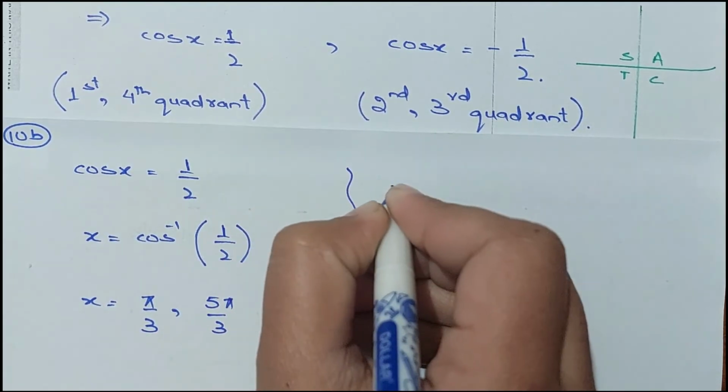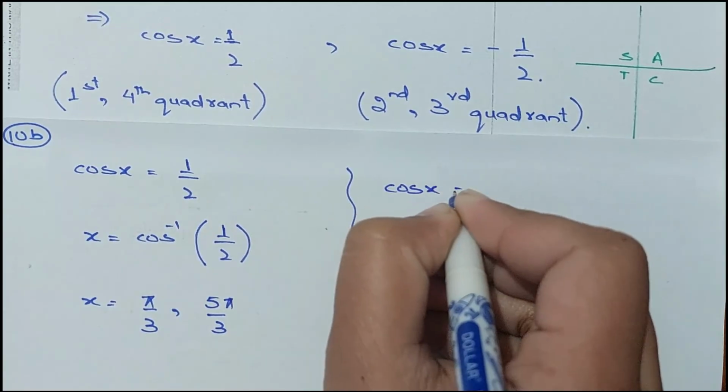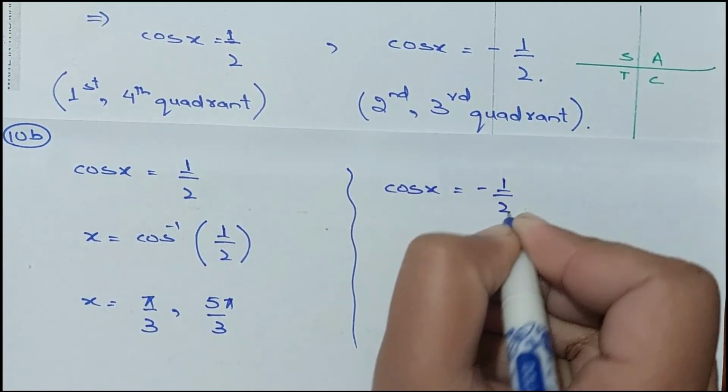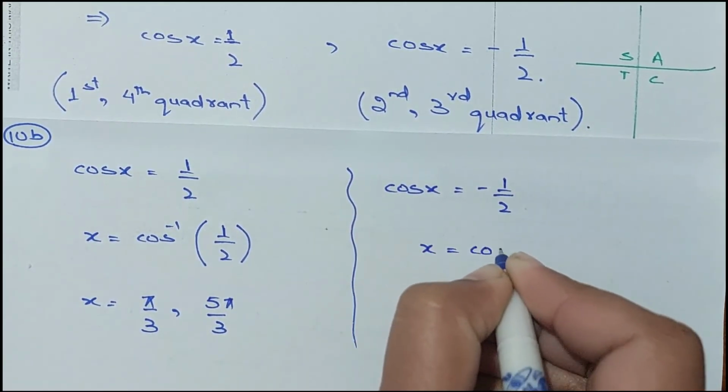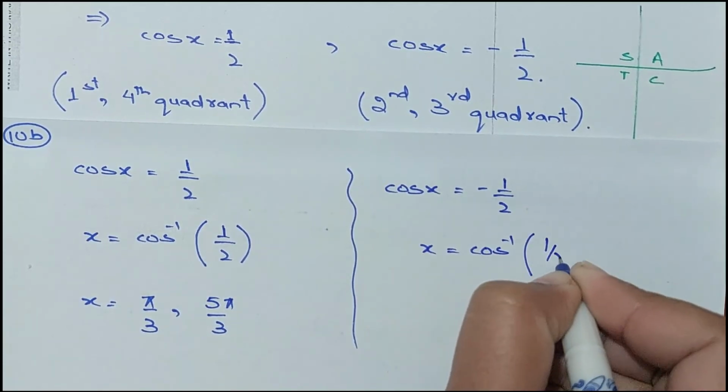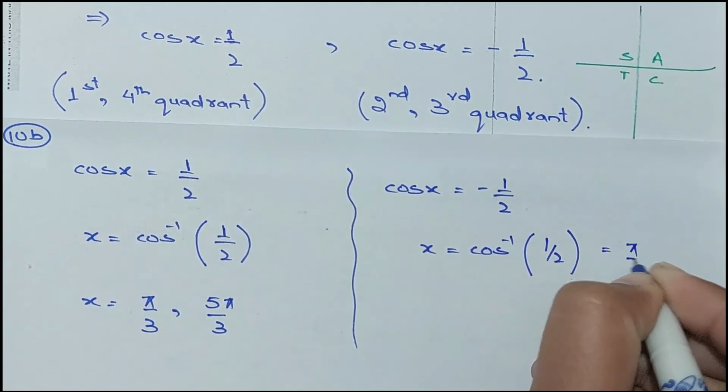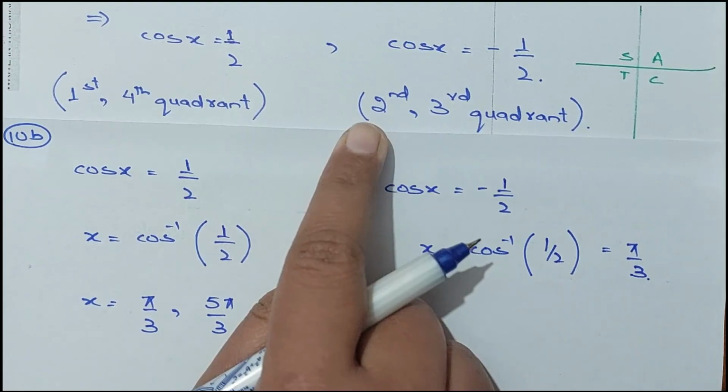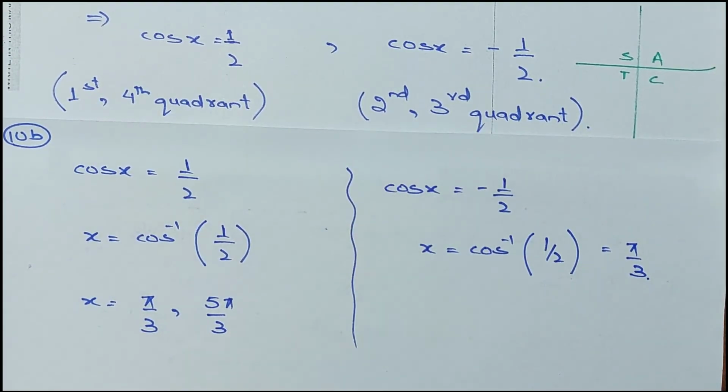Let me check for the next one. When cos of x is minus 1 by 2, x should be equal to cos inverse of 1 by 2, which is pi by 3. We already got that. But now cos is negative in the second and third quadrant. Now what are the two x values for the second and third quadrant?